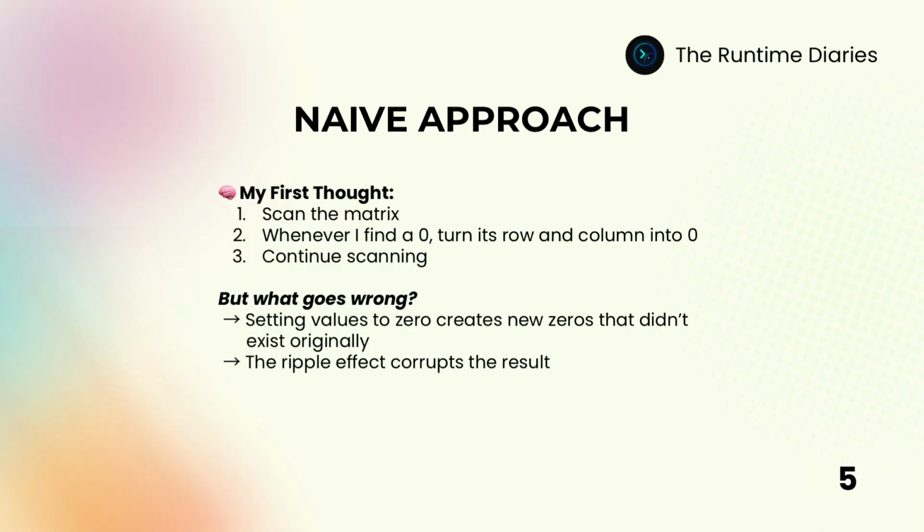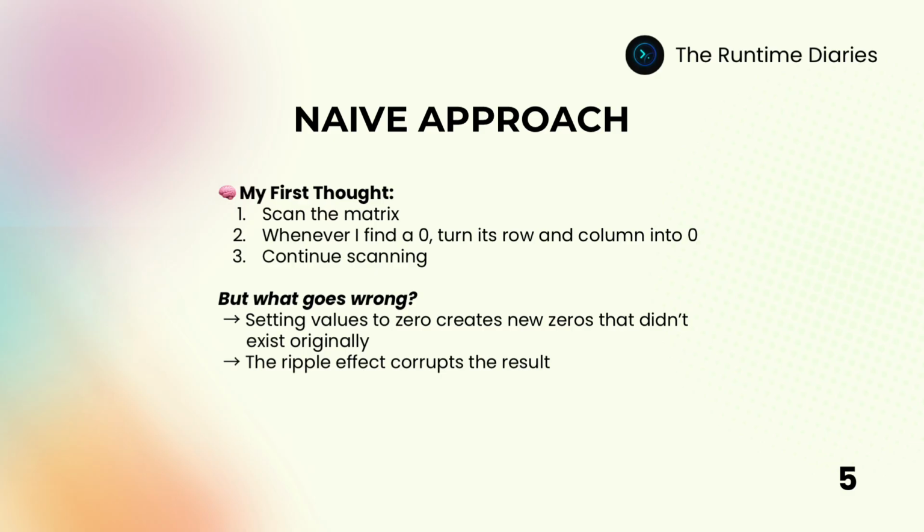This is the moment every beginner has the exact same idea. Scan the matrix. Whenever you find a 0, immediately turn the whole row and column into 0. Then keep scanning. And the problem? Here's what happens. Say you find a 0 at position 1, 1. You immediately zero out row 1 and column 1.